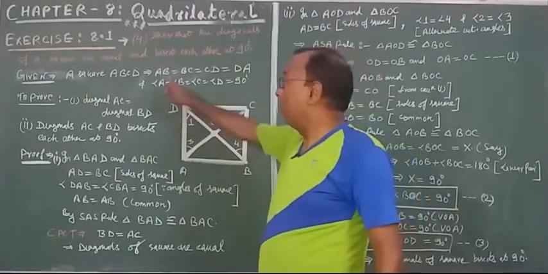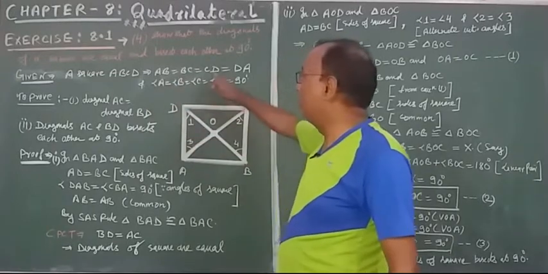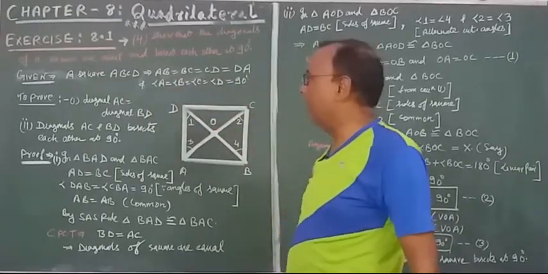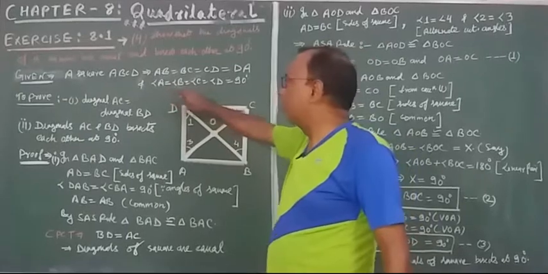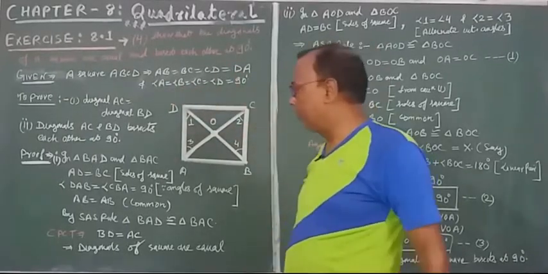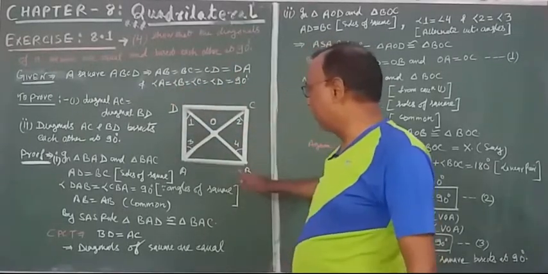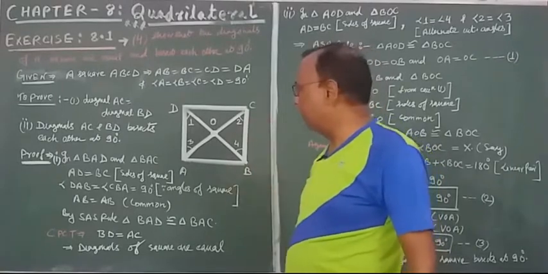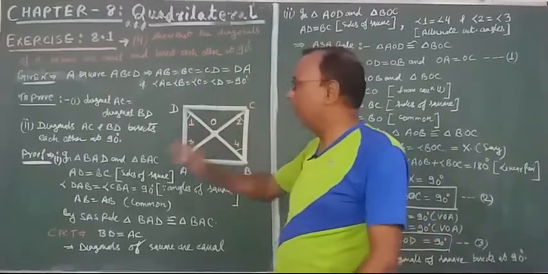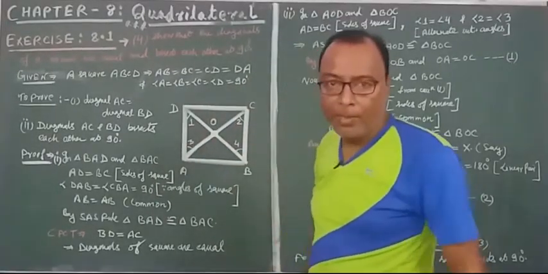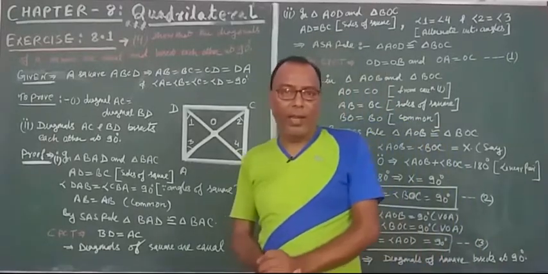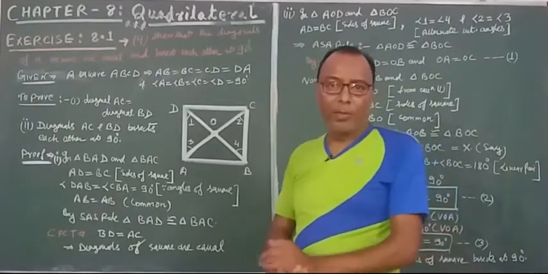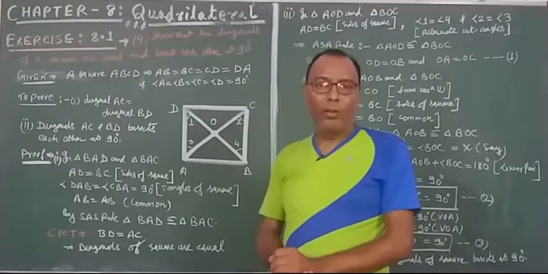Therefore, AB is equal to BC is equal to CD is equal to DA. And all the angles will be 90 degree. If ABCD is a square, then all its sides will be equal and all the angles will be equal to 90 degree.